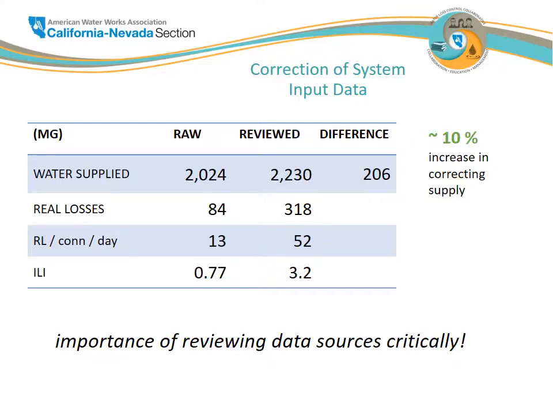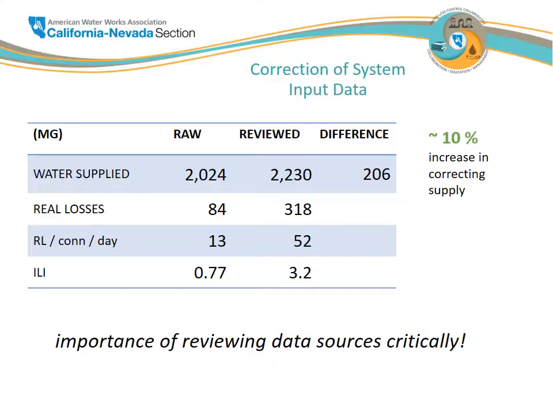So my new, more reviewed, more thoroughly investigated number is going to be 2,230 million gallons. And you can see if my authorized consumption, let's pretend everything else in the audit was well done first round, you can see that that really changes the results of my audit.